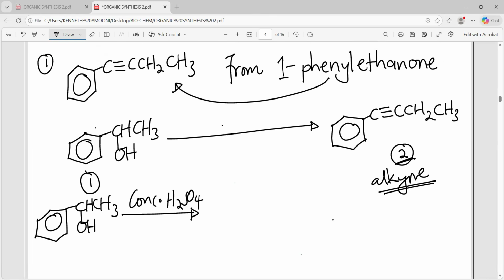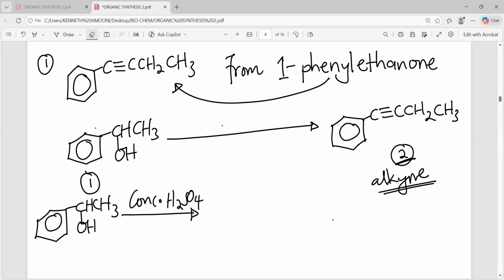The compound we are having is 1-phenyl ethanol. I think I copied that wrongly. It is 1-phenyl ethanol. The compound is 1-phenyl ethanol.